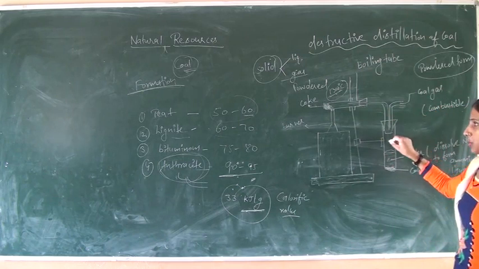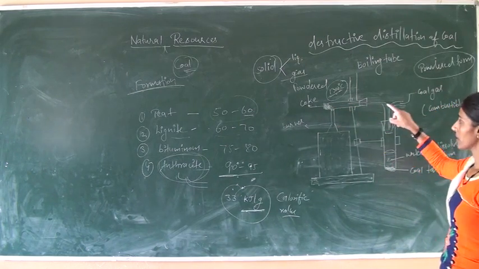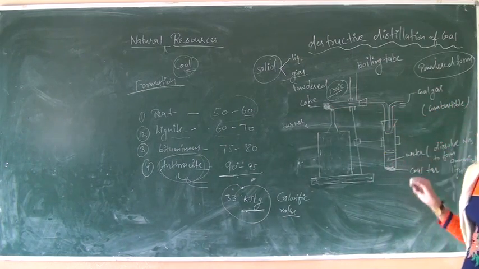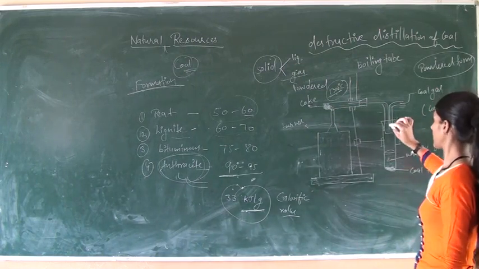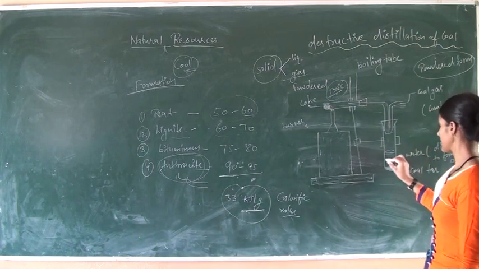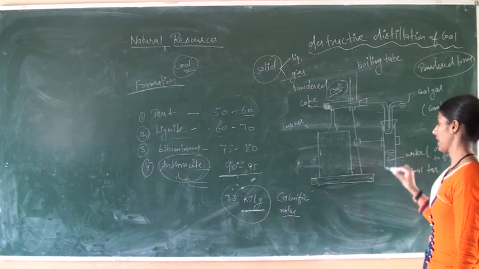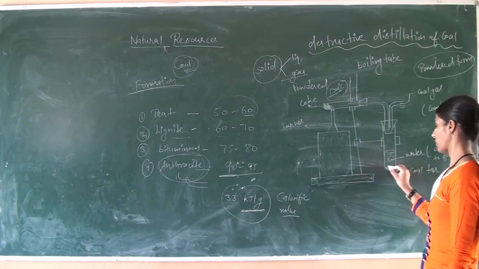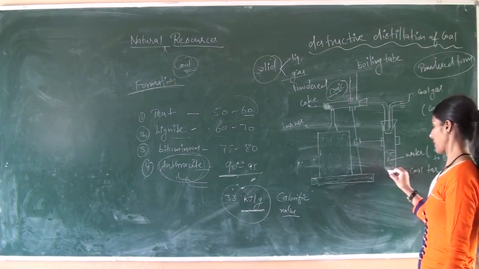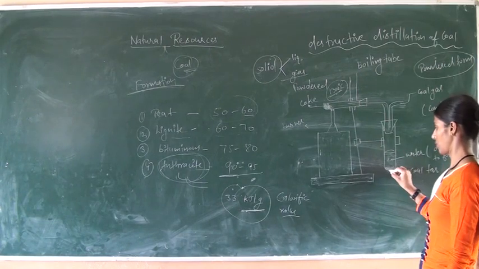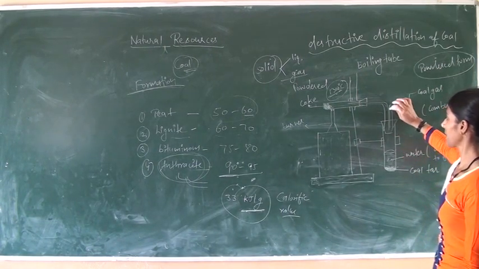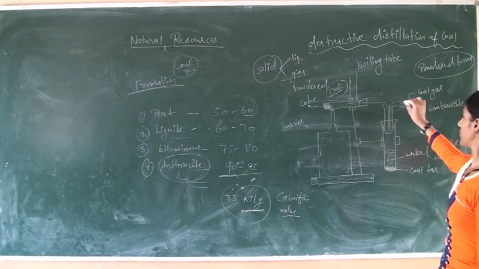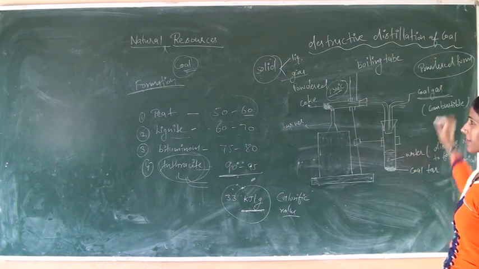In this test tube, the substance is now present in two forms, gaseous and liquid. Here water is present, and the solid part, coal tar, remains at the bottom of the test tube, and the gaseous form escapes out from this tube, which is the coal gas.